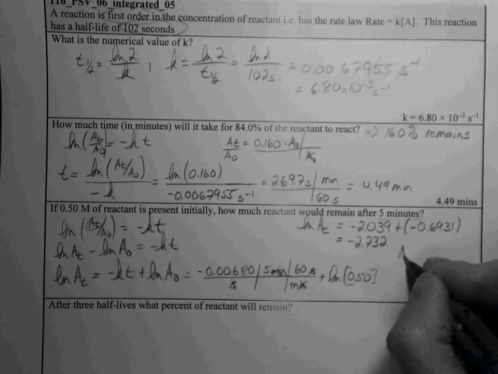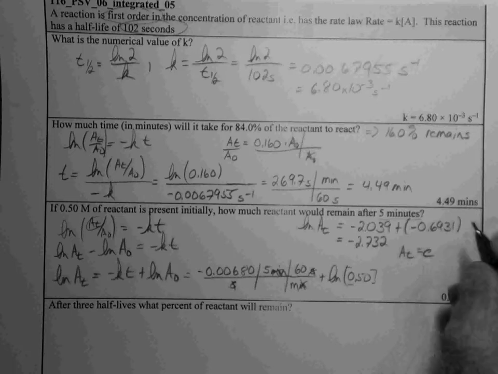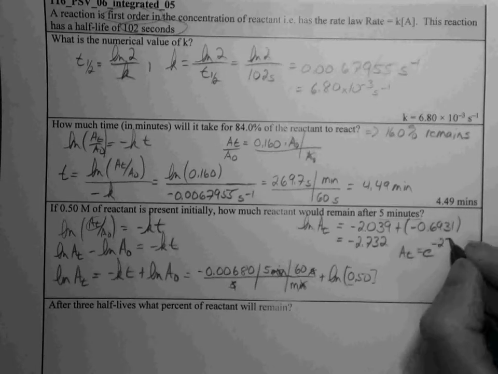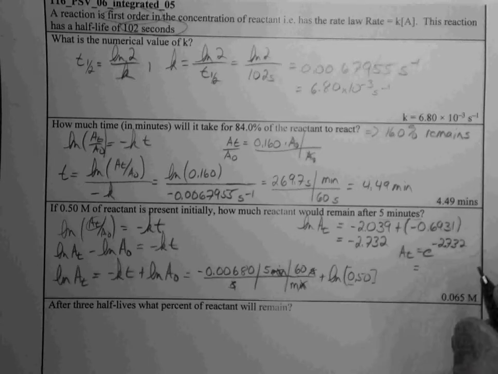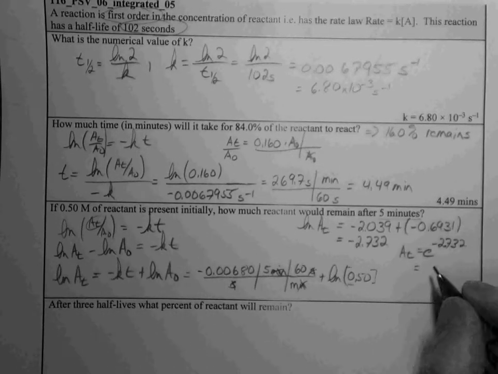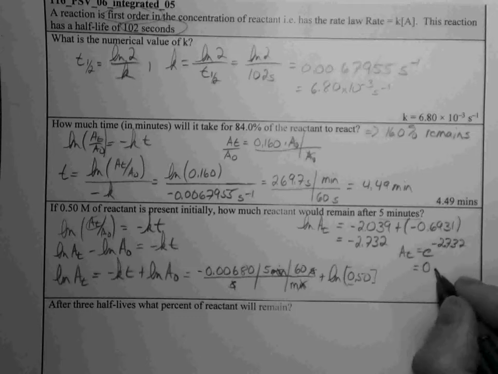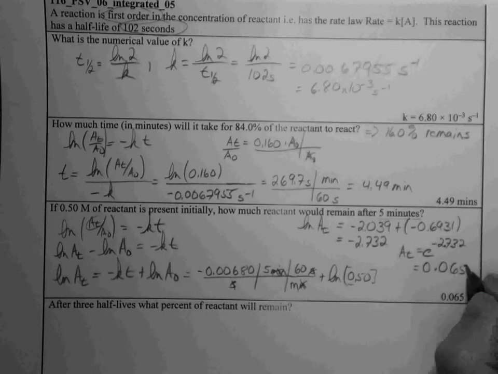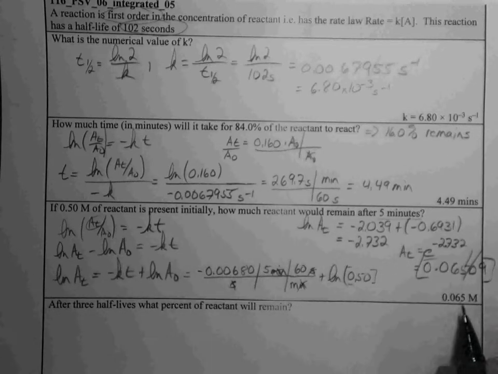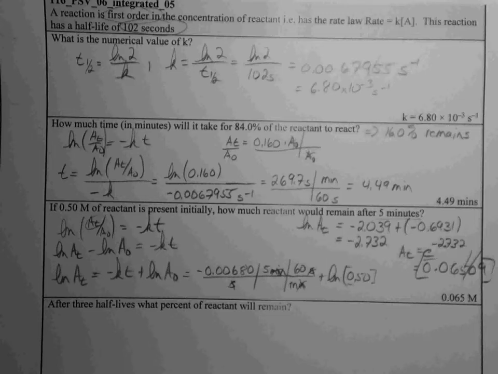To calculate A of t, we have to raise e to that power. And this numerically comes out to 0.06509, which rounded off to 2 sig figs is 0.065 molar.